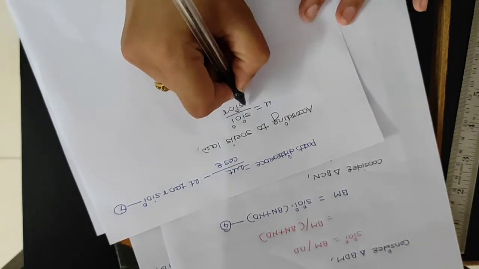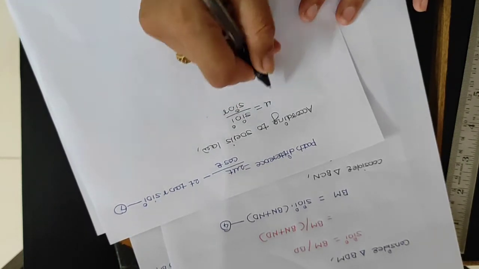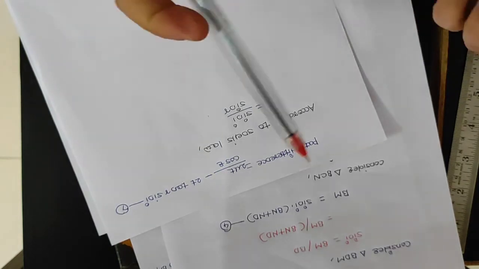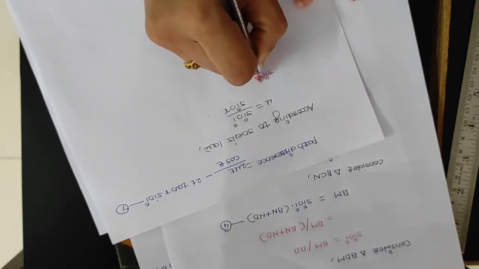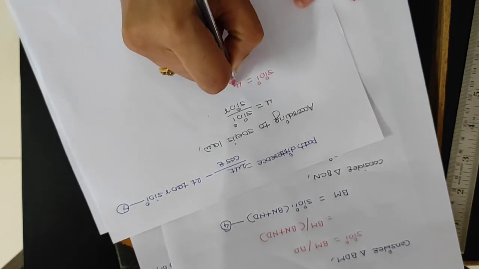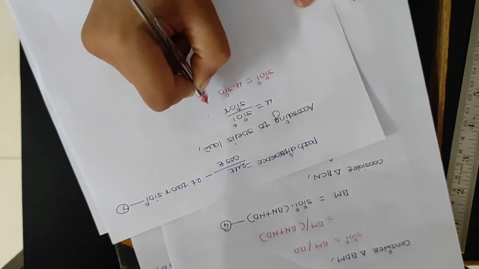And therefore from this equation we can write the value sin i is equal to mu into sin r.